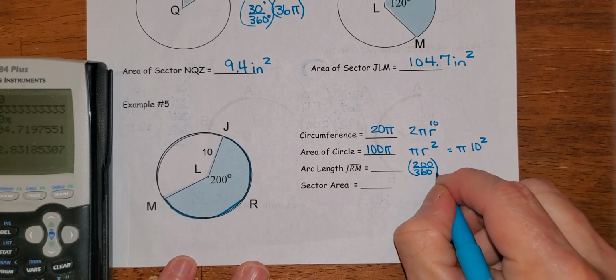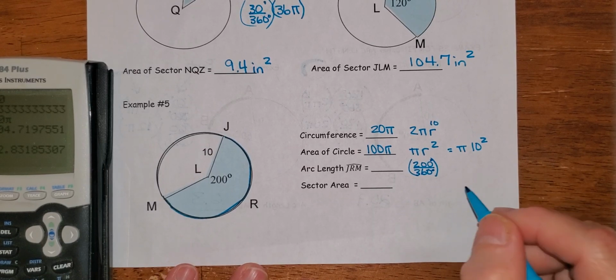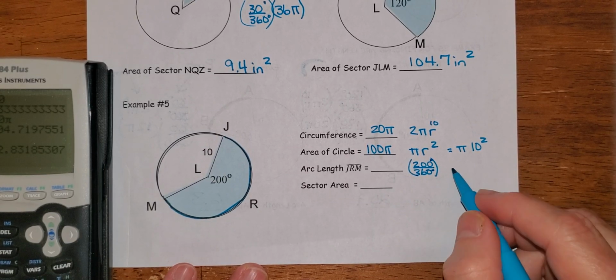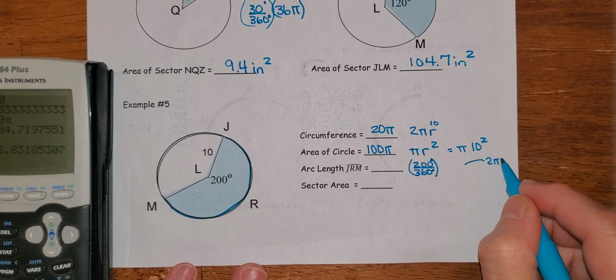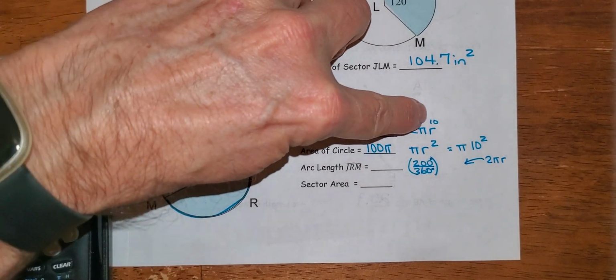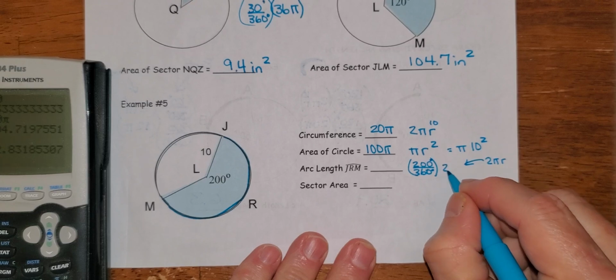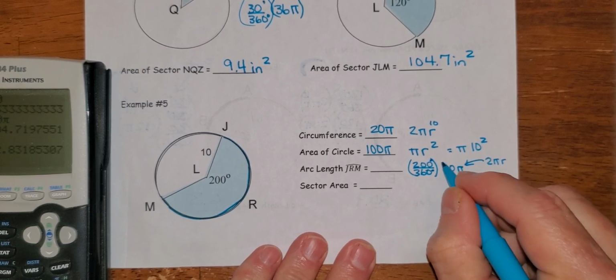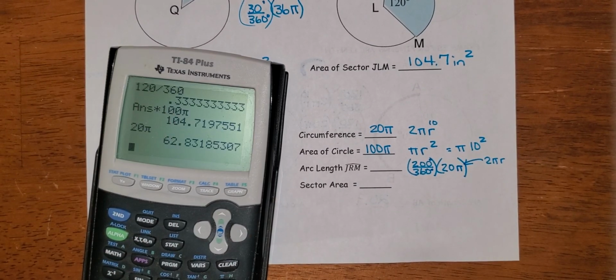That's the fractional part that I'm looking at. 200 divided by 360 times 2 pi r. Oh, haven't I already done 2 pi r? Yeah, I have. I did it right there. It's 20 pi. I plugged in a 10, and 2 times 10 is 20. So this is 20 pi. I've already got the circumference. I already calculated it.